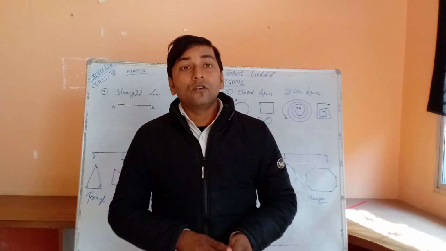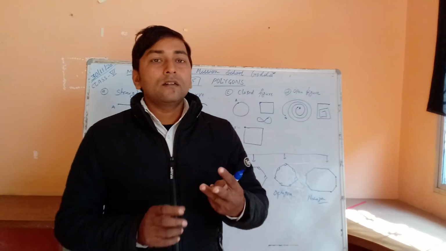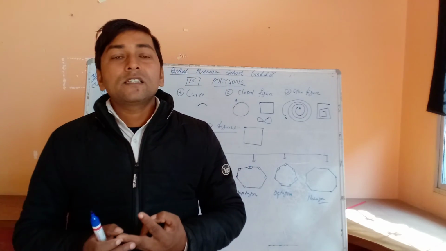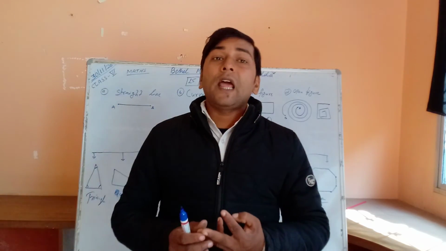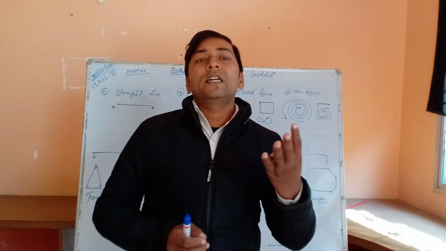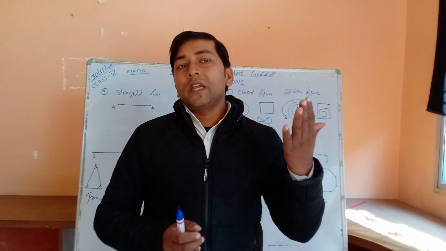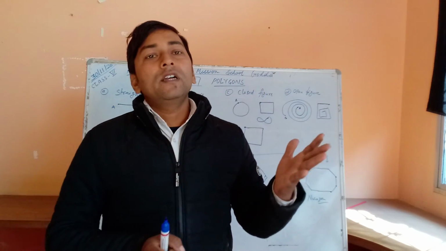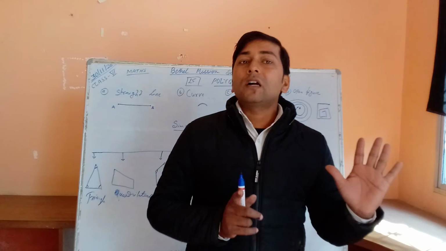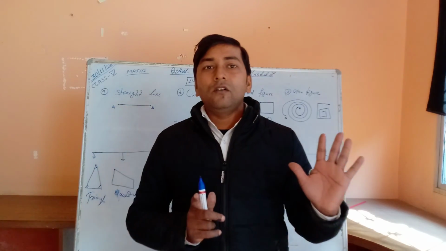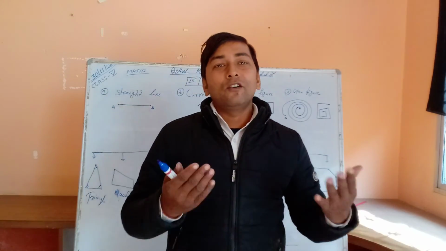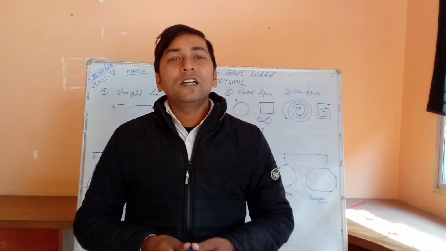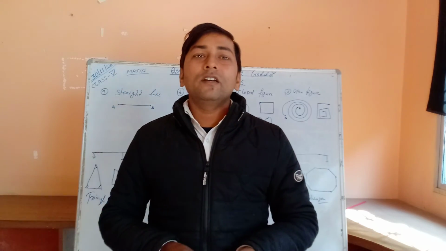A closed figure which contains 3 angles is a triangle, and 4 angles, quadrilateral. 5 is pentagon, 6 is hexagon, 7 heptagon, 8 angles octagon, 9 angles nonagon. The decagon is when the polygon contains 10 sides. But in your book only till octagon has been given.